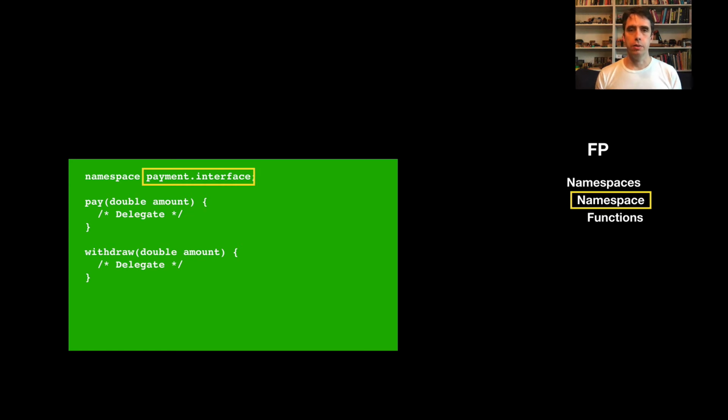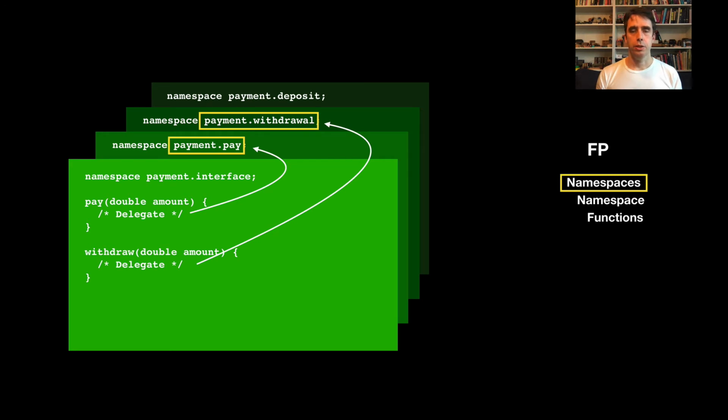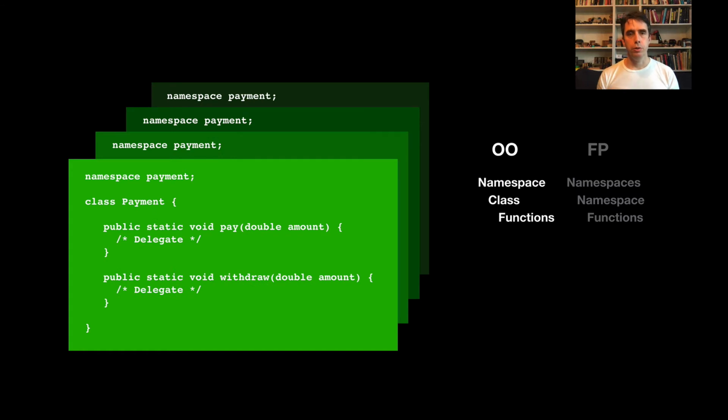Each function here just delegates to other namespaces within this component. And often it's just a one-liner. And if we want to implement this in an object-oriented language, it would look very similar. We would have a set of functions. So we need to remember to declare each function or each method static to turn them into a function.